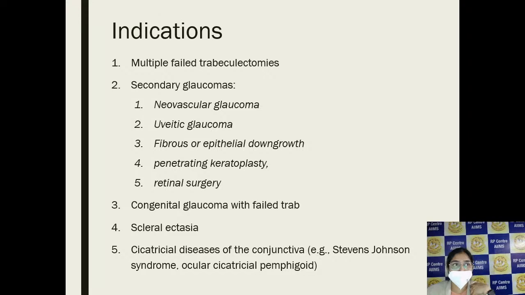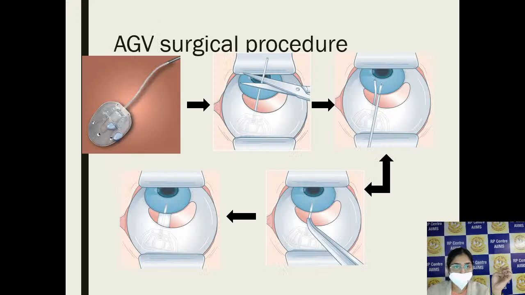They can also be used as a primary choice in these secondary glaucomas. Again, in congenital glaucoma with failed trab, we can give a trial of glaucoma drainage devices. Scleral ectasia and cicatricial diseases we can also consider.